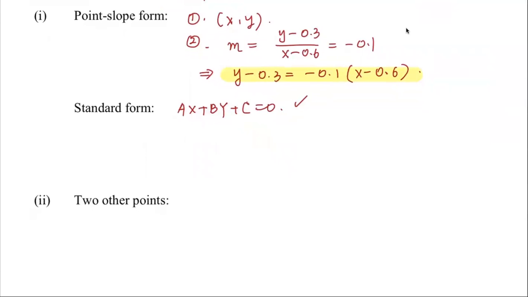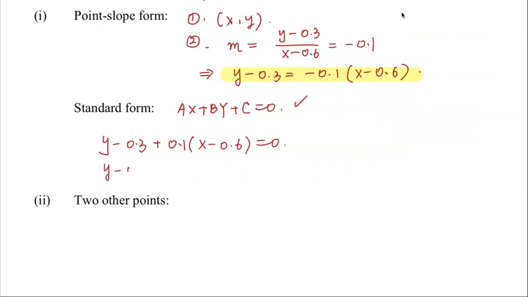Okay, so y minus 0.3 plus, when we move this to the left, we need to change this minus to plus, right? So plus 0.1 times (x minus 0.6) is equal to 0. So in this step, we moved everything on the right side to the left side.